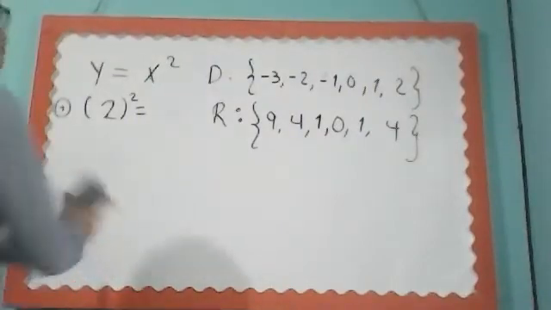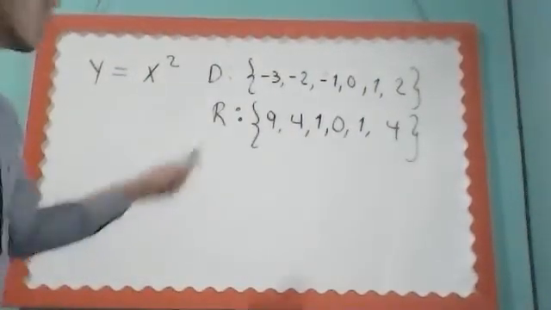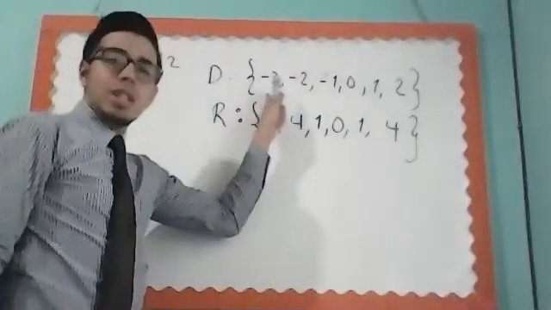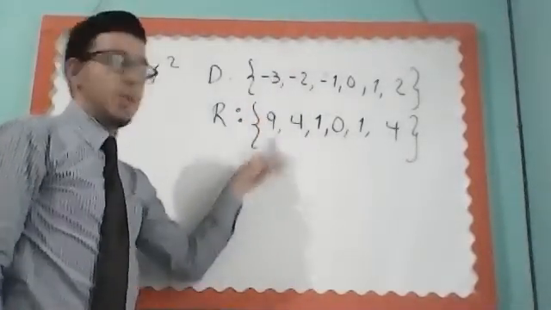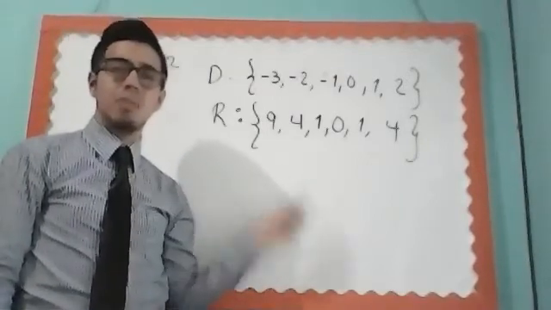Now I have my ordered pairs. I have the value for the x and for the y. I write it like this as a domain, but you can write it in a chart. You can draw a table and place all the values.